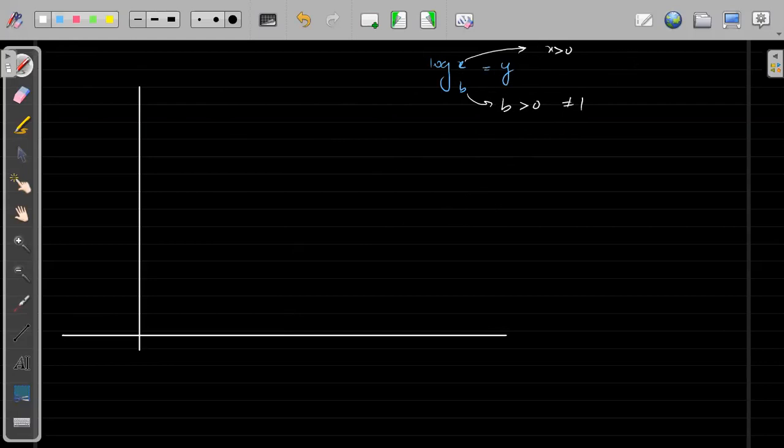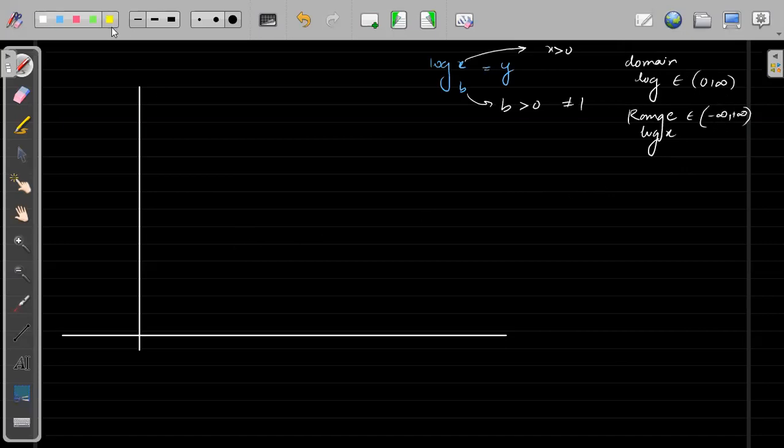We concluded that the domain of log will be real plus, that means all the positive real values, 0 to infinity, and the range of log x will be from minus infinity to plus infinity. That means it will take all possible values.